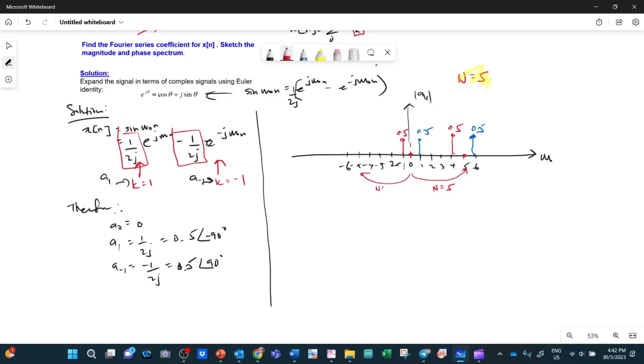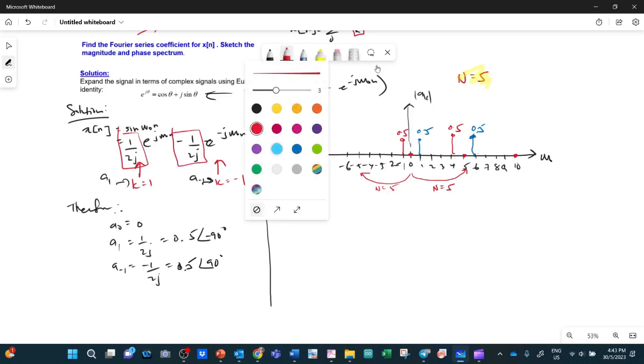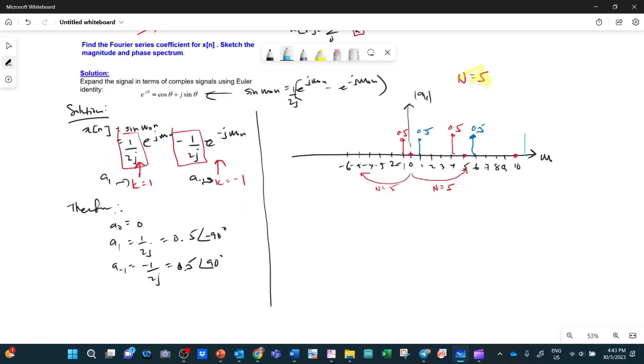Because it's repeating, if you draw it out again, it's going to repeat again at 7, 8, 9, 10. Let's say I plot here at 11, you have 0.5.